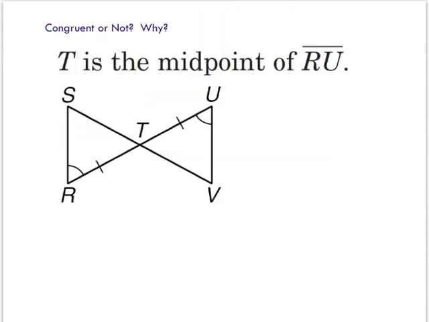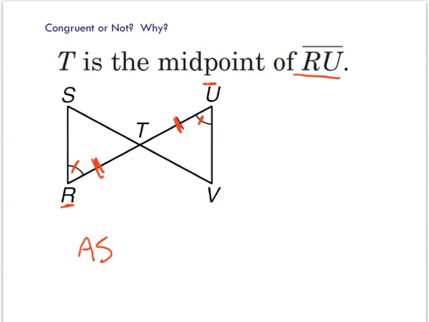All right, are these two triangles congruent? So it looks like from the drawing we have that angle U and angle R are congruent. We know that T is the midpoint of RU, and RU refers to this segment from R to U, and so T is the midpoint, which means that these segments are congruent in length. So we have a pair of angles, we have a pair of sides.